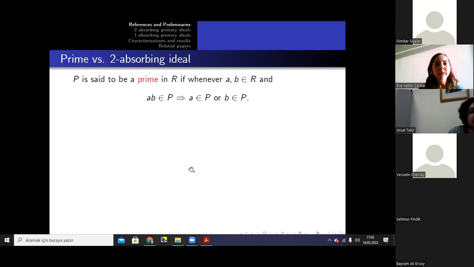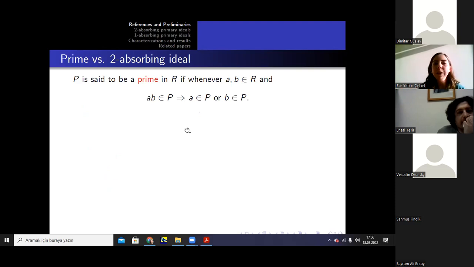So let's start with recalling the definition of prime ideals. As everybody knows, a proper ideal P is said to be prime if whenever two elements have a multiplication in P, then one of the elements belongs to P. In other words, we can say that if P is prime, then P absorbs one of the elements.